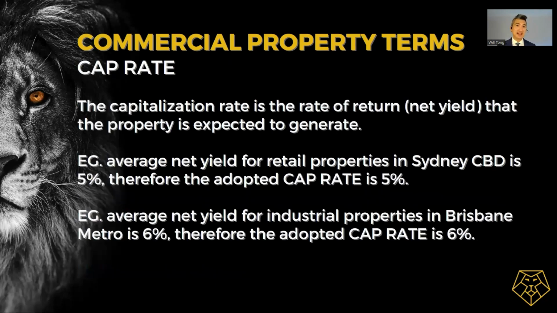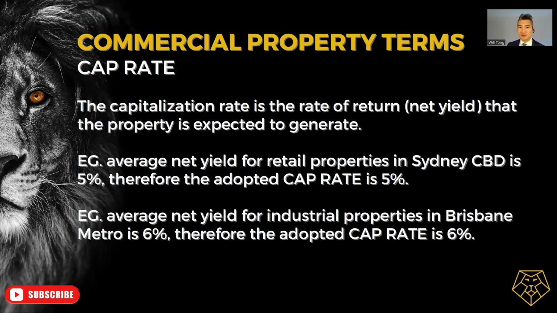Okay, so the next term is the cap rate. So the cap rate is the capitalization rate, which is the rate of return or net yield that the property is expected to generate. Okay, so for example, let's say we're looking at retail properties in Sydney CBD, and we identified that the average net yield for this type of property is 5%.